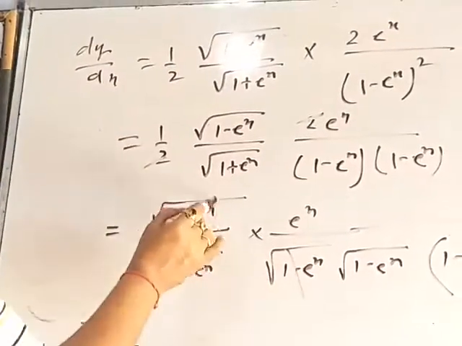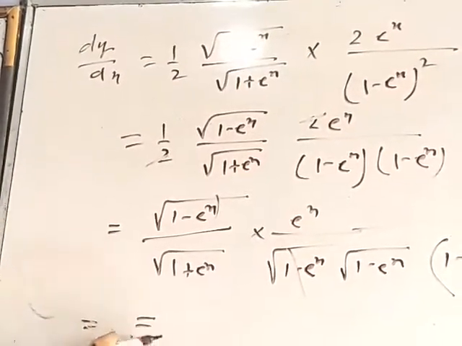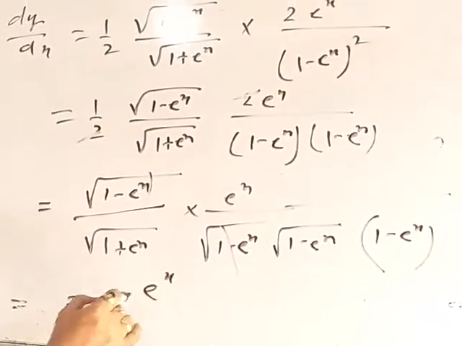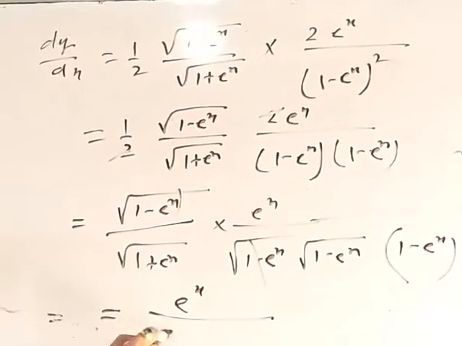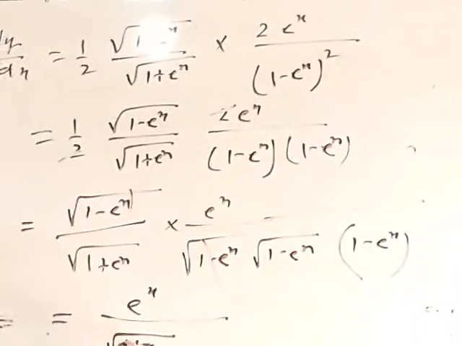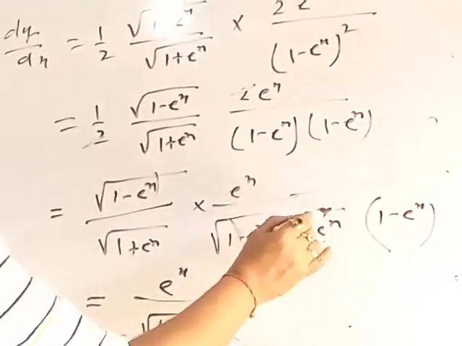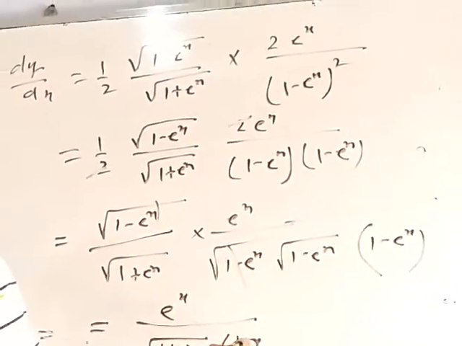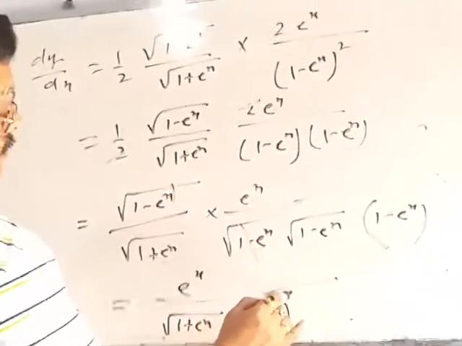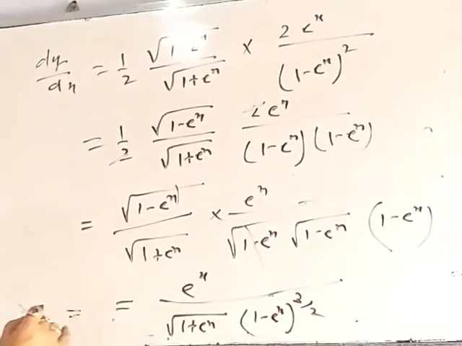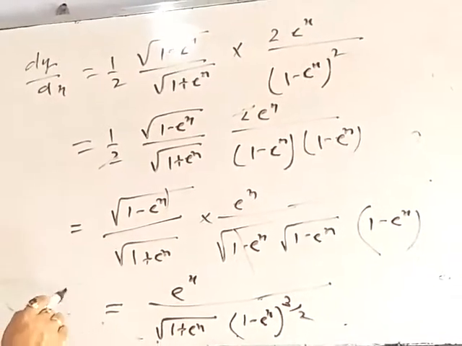This will cancel. So, student, e power x root under 1 plus e power x, and this 1 by 2, or 1 minus e power x, power 3 by 2. This is the dy by dx.